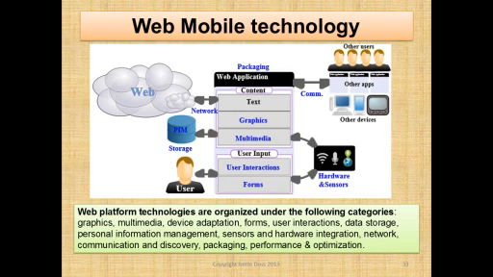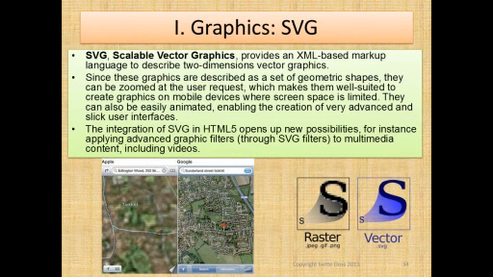So let's start with graphics. In graphics, what are we looking for, also from the testing point? Maybe some of you already know these terms: SVG, scalable vector graphics. I will not read the text, so you will have time to review it all, but I'll give you a live example.